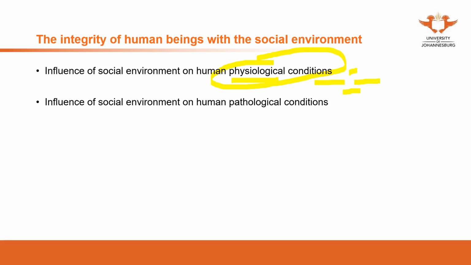We will never know when we're going to be robbed. So these social environments are going to affect our human body. That's why we have many patients with anxiety. That's one of the reasons. We can't say this is the only reason, but this must be one of the reasons, because we are always in stressful environments that are going to affect our physiological condition. And then when this becomes worse, it's going to cause diseases, and become the pathological condition.